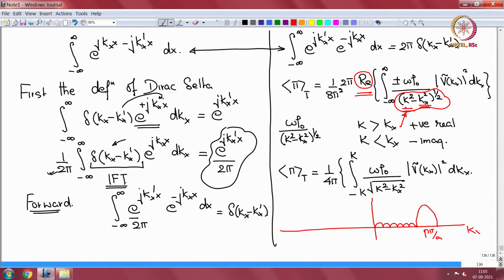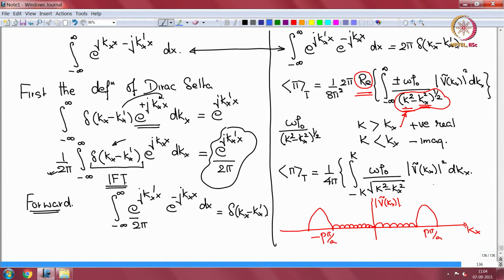This is the kx axis, and then again bumps here and p pi by a, minus p pi by a, and this was the magnitude of V tilde kx. So now comes the omega. So far omega didn't come in the picture. Now comes the omega.